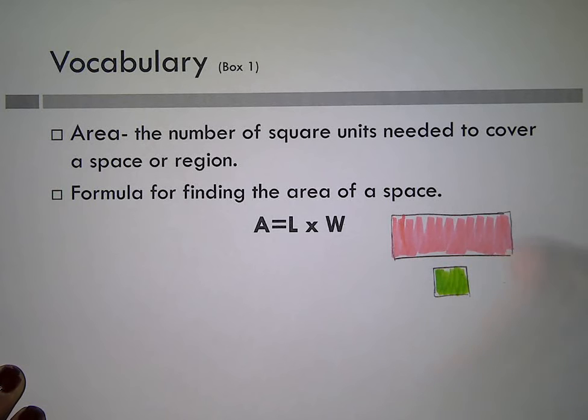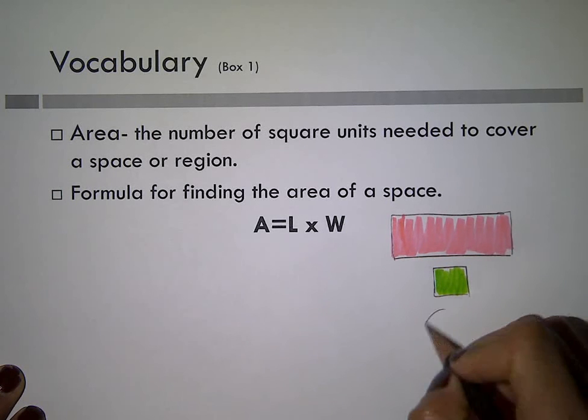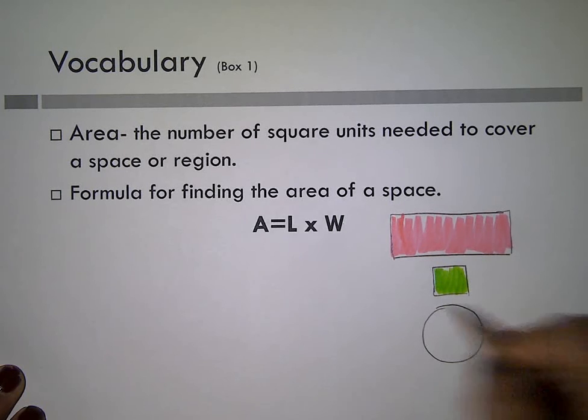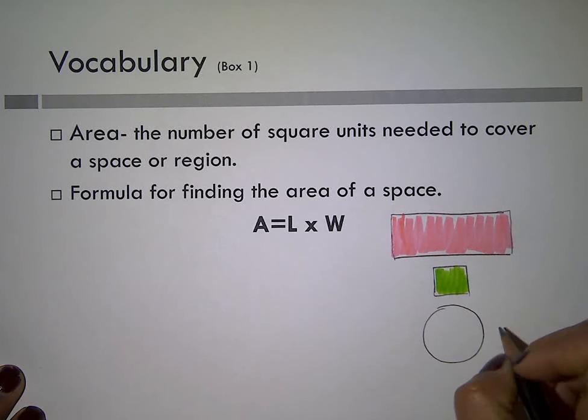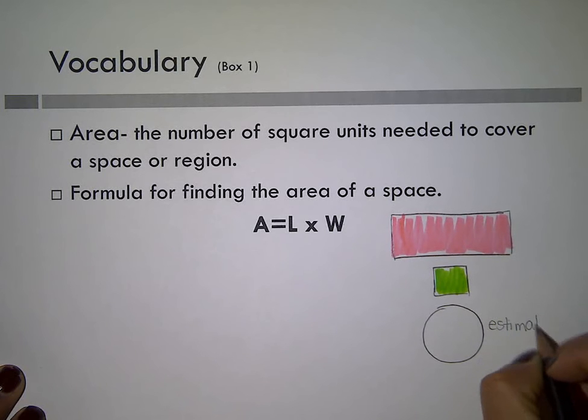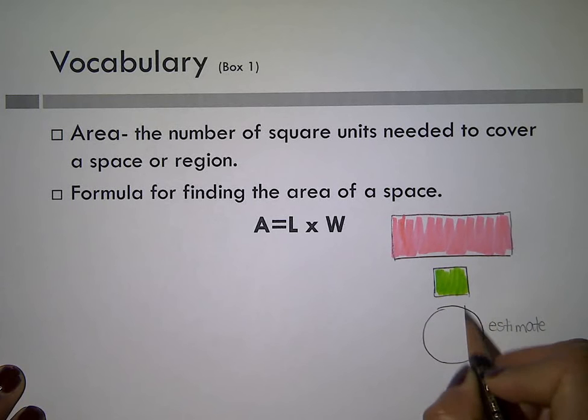If we were measuring the area of a circle, we would have to have an estimate, because some of the square units would be cut off.